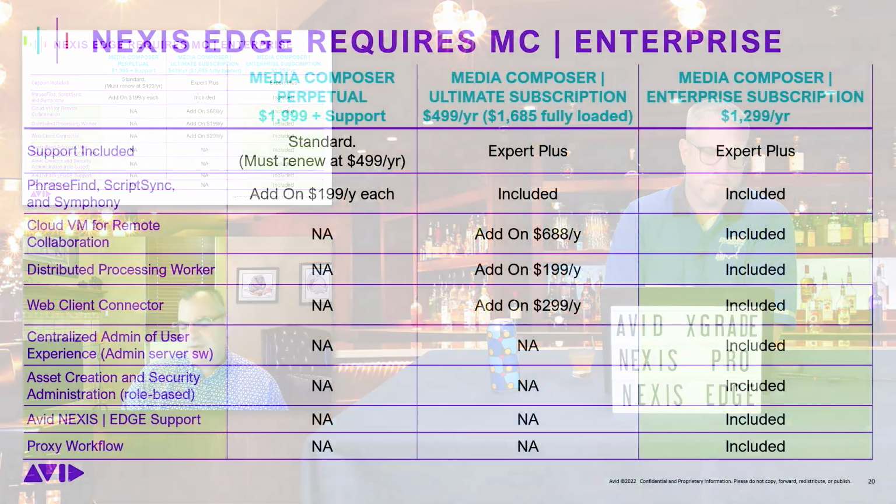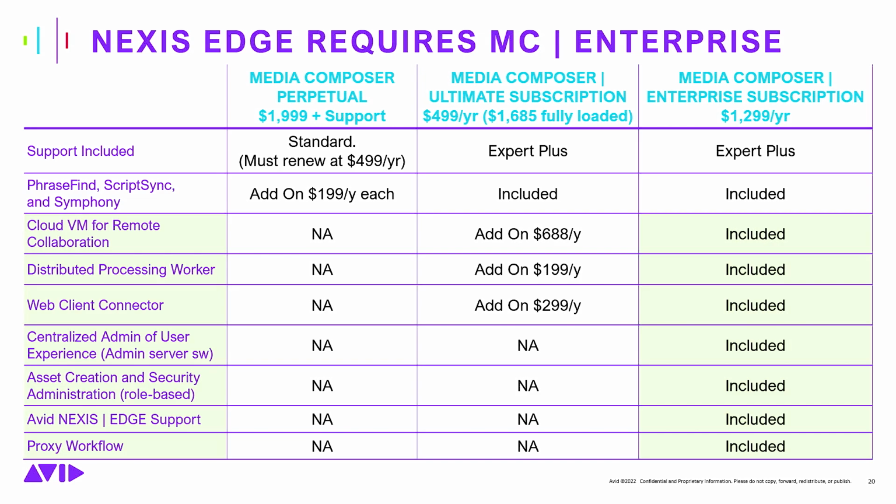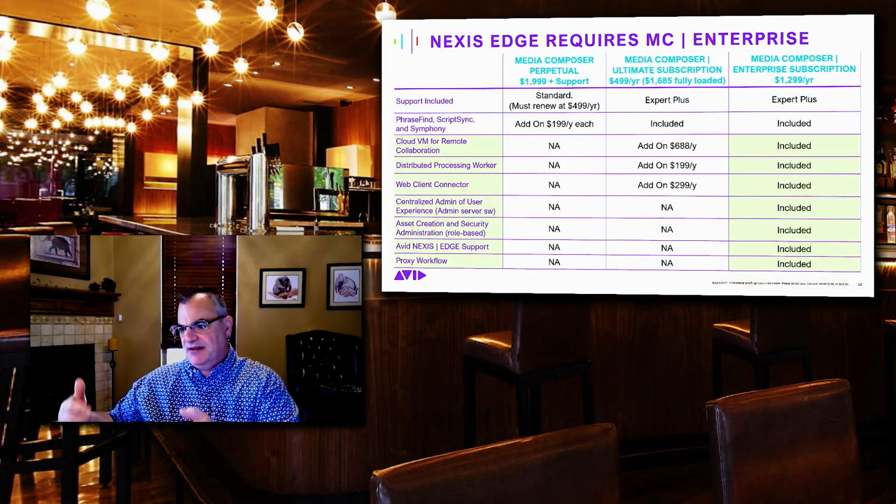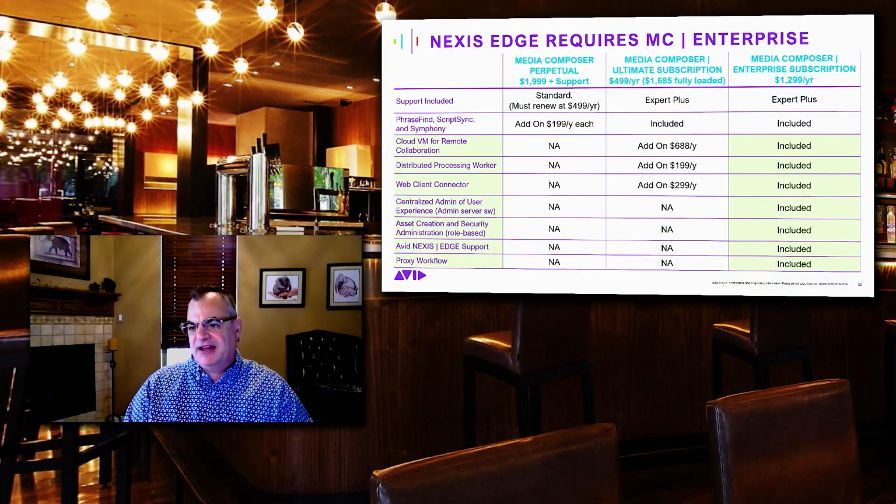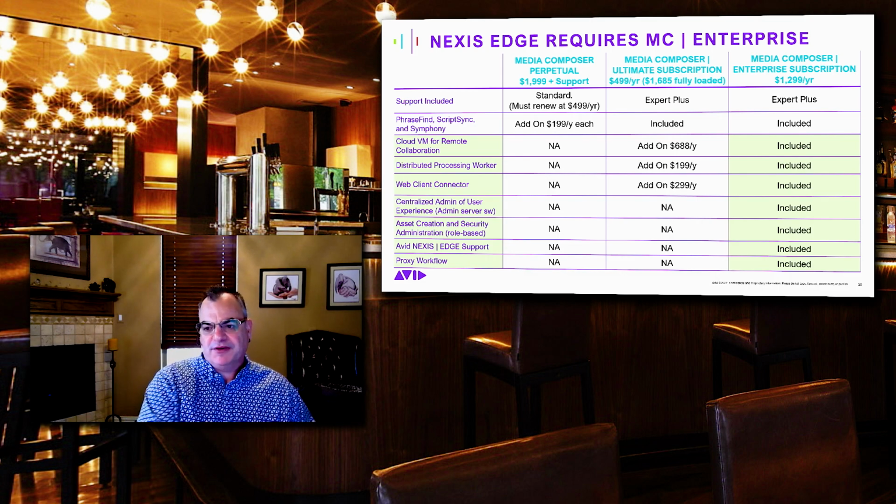Yeah, the big thing with Enterprise, and where Enterprise was first introduced, was that centralized administration, where you have somebody that can take control, set up the projects, and really control what a user has available to them. So this is great in a broadcast facility where you want to make sure nobody's creating a project format that isn't supported, things like that. So that was the first part of it.